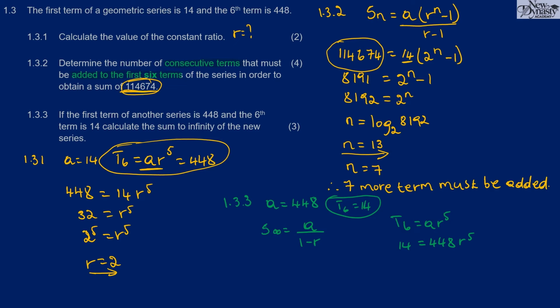Then in this case, you can divide both sides by 448. You use your calculator there and remove the 5 there. Then your r is going to be equal to 1 over 2.